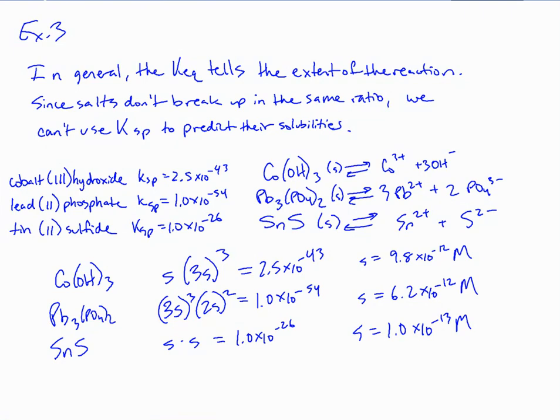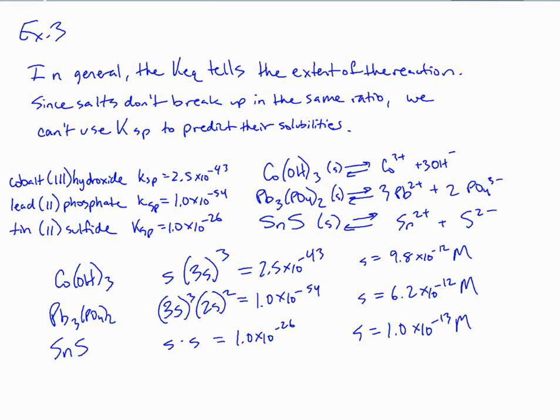Which one had the biggest KSP? Which one was supposed to be the most soluble based on its KSP? Oh wait, no, that'd be tin sulfide. So lead phosphate should have been the least soluble, but when you break it down by these numbers and look at the solubility, it's actually the most soluble, right?